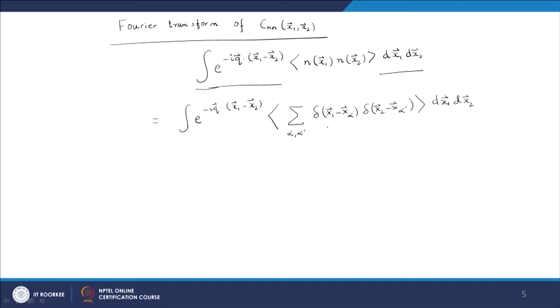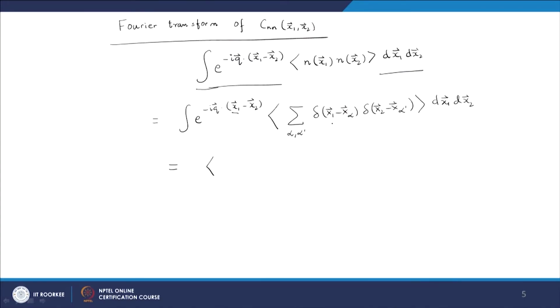So, now I will move this in, and you know that if I integrate a delta function over the entire volume and I multiply the delta function with a function, I can simply substitute the x1 for alpha here.